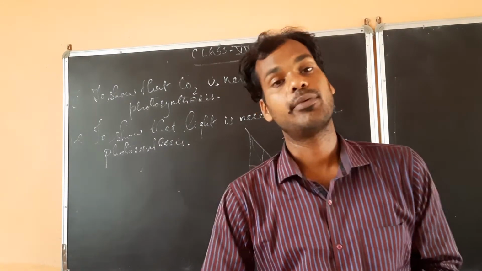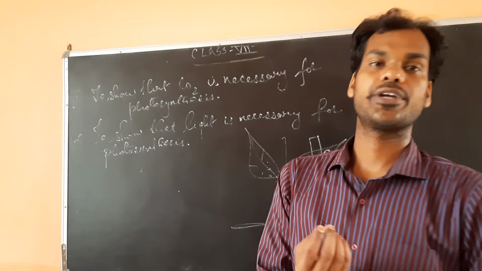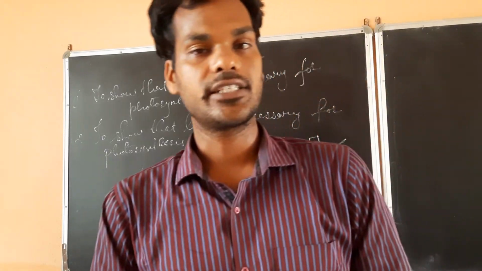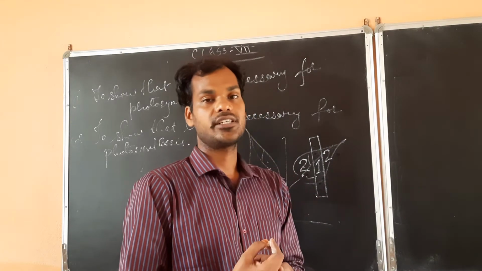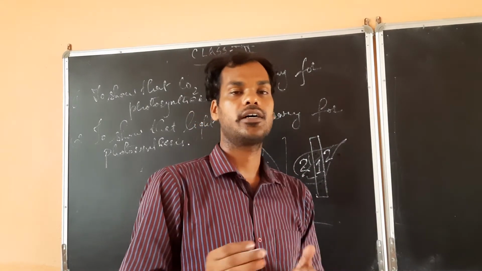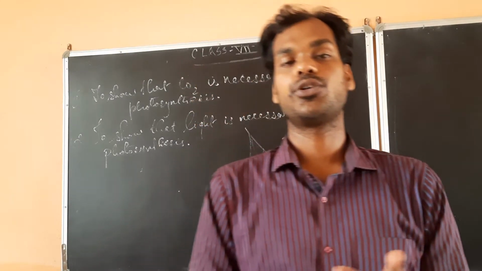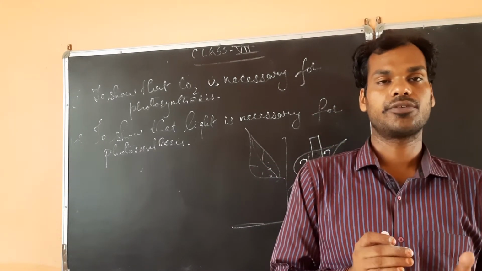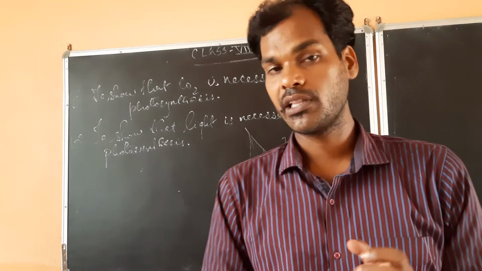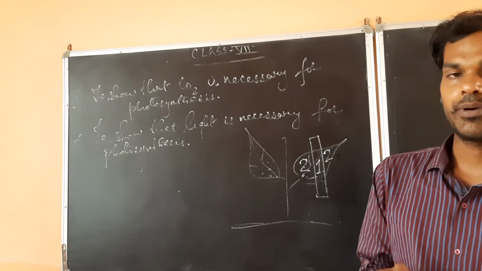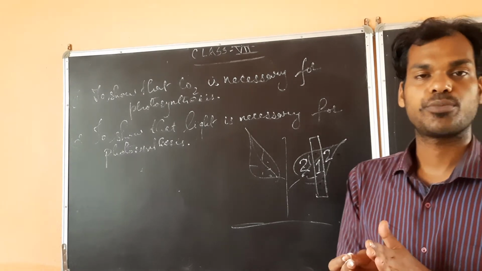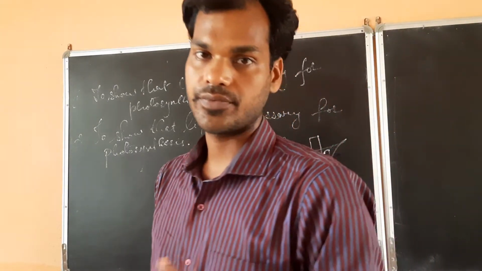Now we have to study about stomata. So all of you know stomata, the tiny openings on the leaf, present on both sides of the leaf for the exchange of gases. So while the gases, CO2 and O2, are being exchanged, at that time stomata have much importance. In the leaf, there are many more stomata present on the lower surface of the leaf.